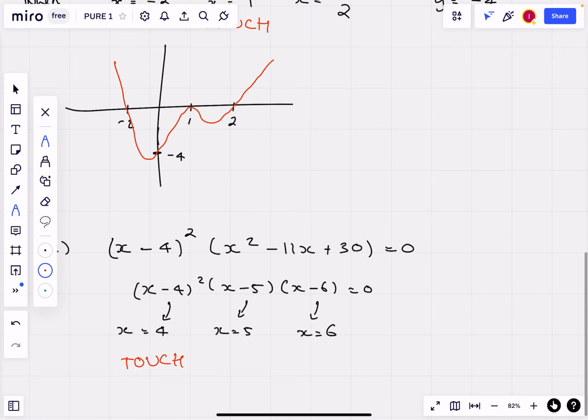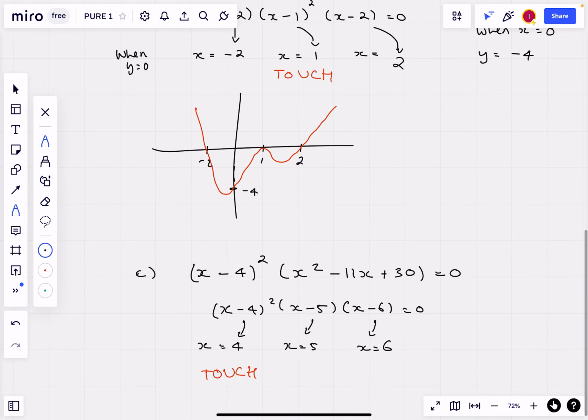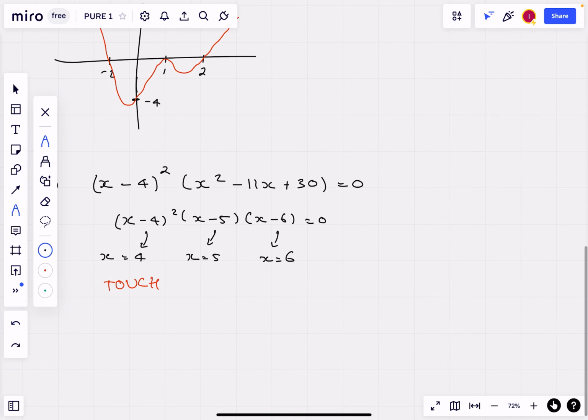Can you try and find the point where it intersects the y-axis? Those are all the points where it intersects the x-axis. Where is it going to intersect the y-axis? It's going to intersect the y-axis when x equals 0.